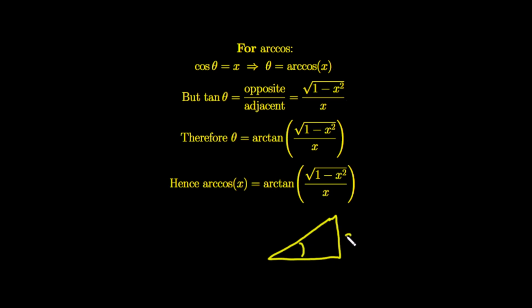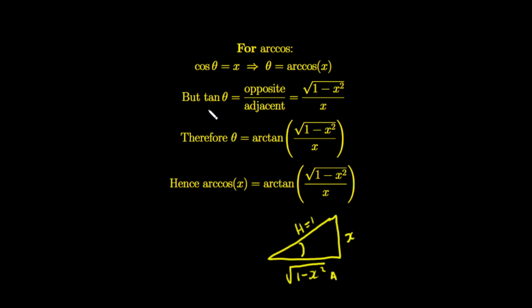We would have the x here, we would have the root of 1 minus x squared. The cosine is the adjacent, which is this side here, divided by the hypotenuse. But the hypotenuse is just equal to 1. So it means that the cosine is going to be this root of 1 minus x squared divided by 1, which is just equal to the root of 1 minus x squared.